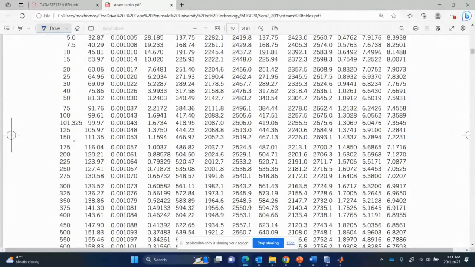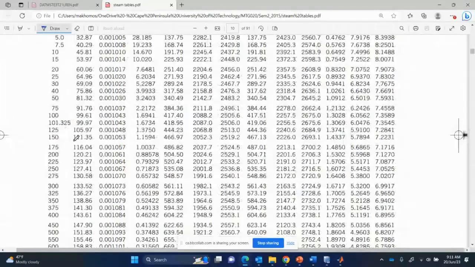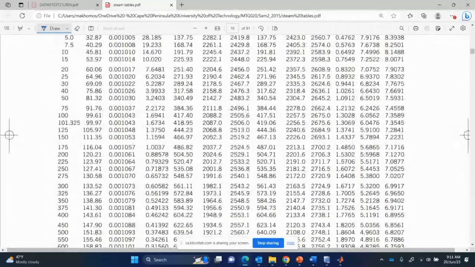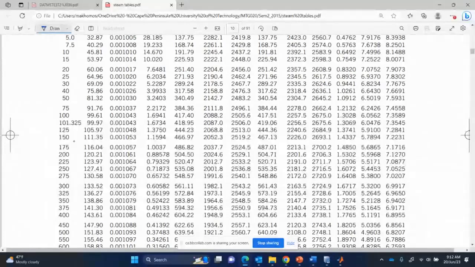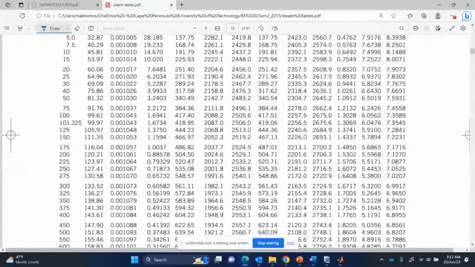This is the actual value. Normally, we say that water boils at 100 degrees Celsius, but the actual value here, according to the table, is 99.97. Okay, so this is the boiling point for water at sea level.